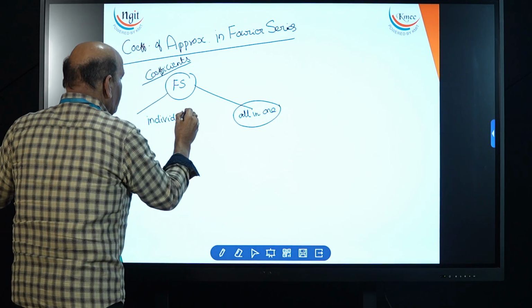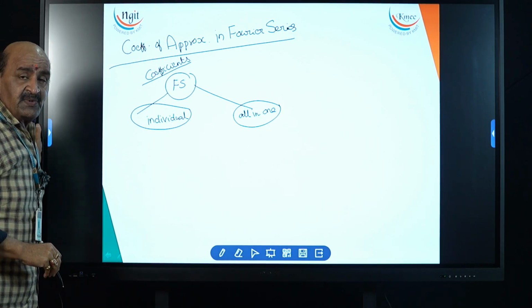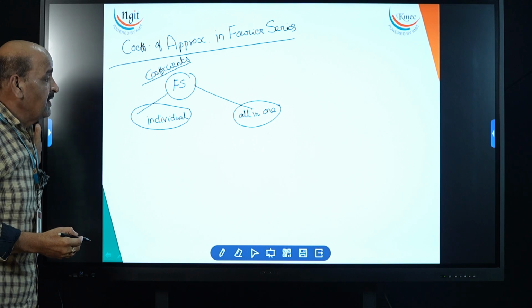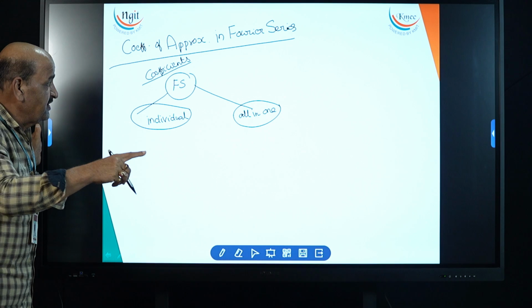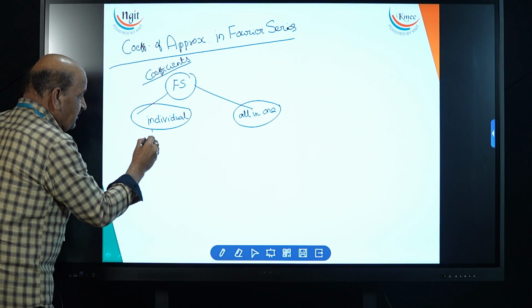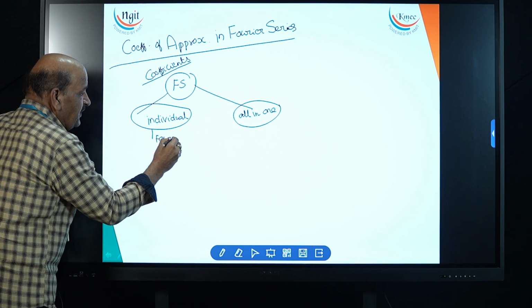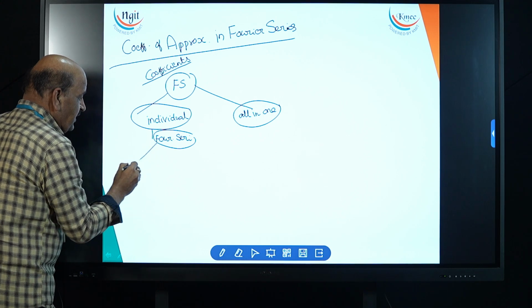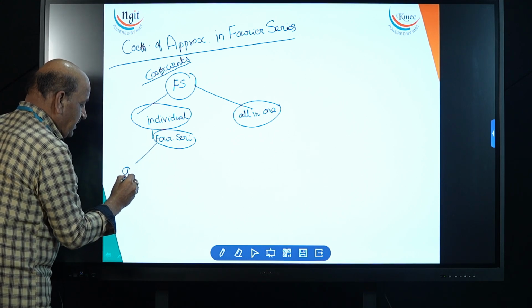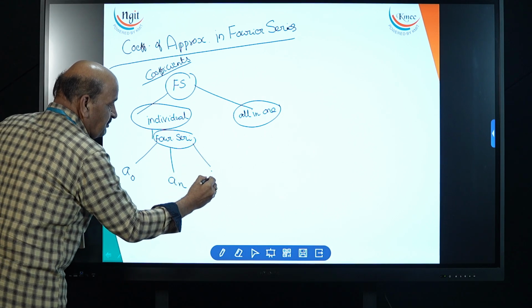Each and every coefficient can be expressed individually, or all three coefficients can be combined in a single coefficient. Now, in Fourier series, this is called Fourier series individual response. Here, the coefficients are A0, An and Bn.